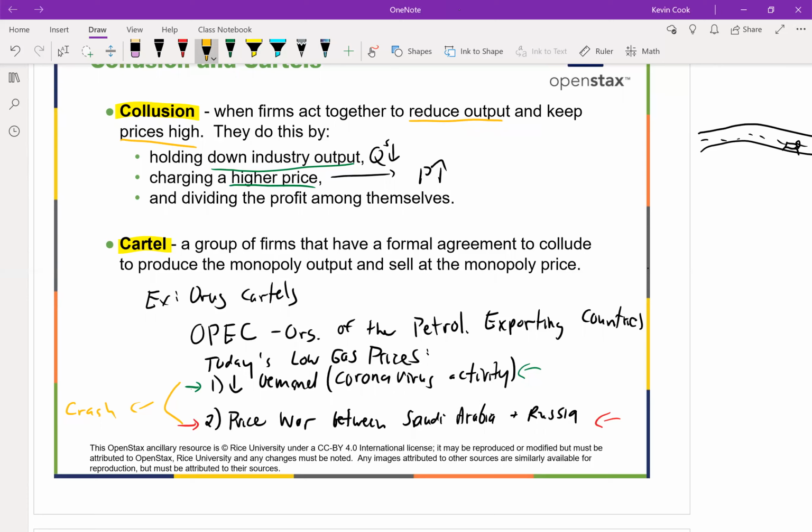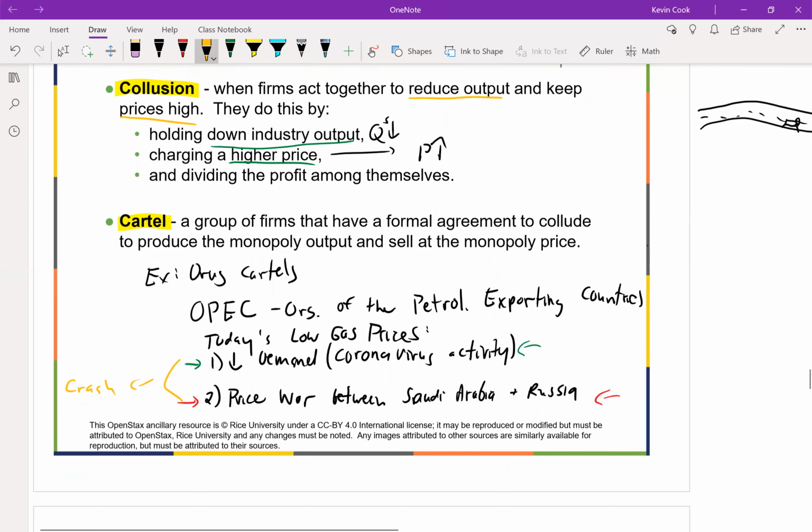But again, OPEC, their goal is to keep oil prices relatively high. However, when they initiate this price war, obviously that becomes a little bit harder when nobody's driving anywhere. So you have that going on with cartels.